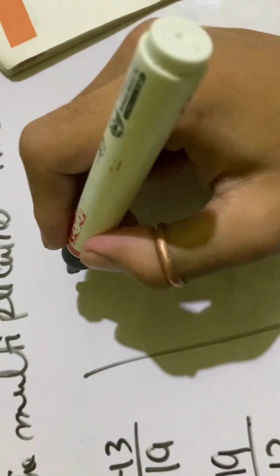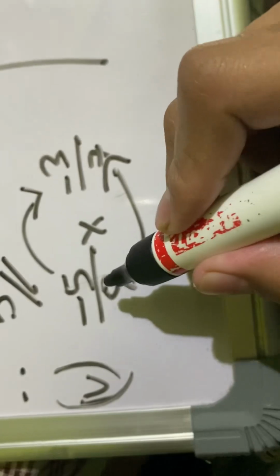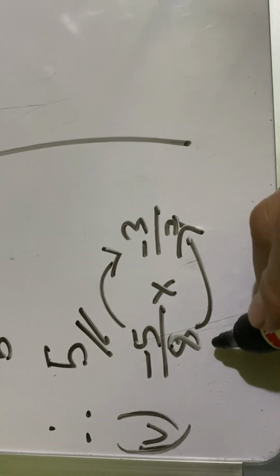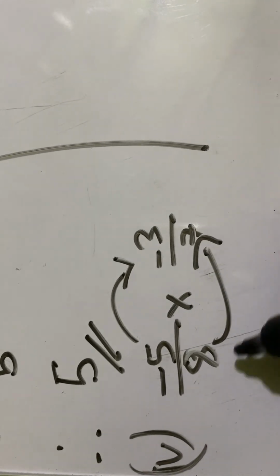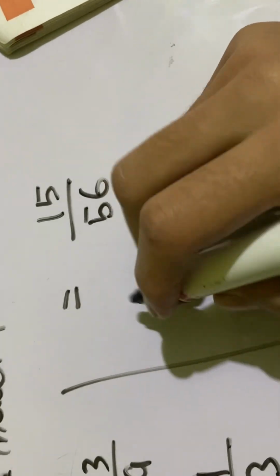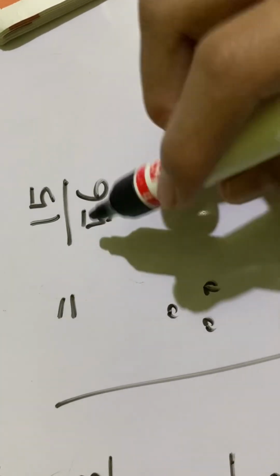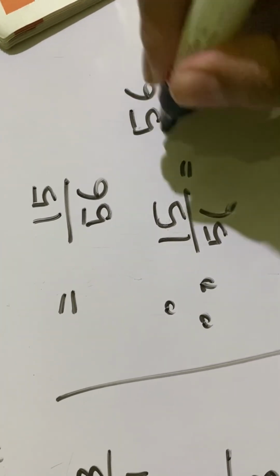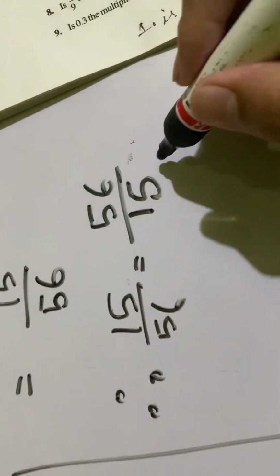So 5 3s are 15, minus cancel out, so it becomes 15 by 56, and the multiplicative inverse of 15 by 56 is 56 by 15. So this is the answer of question number 4.